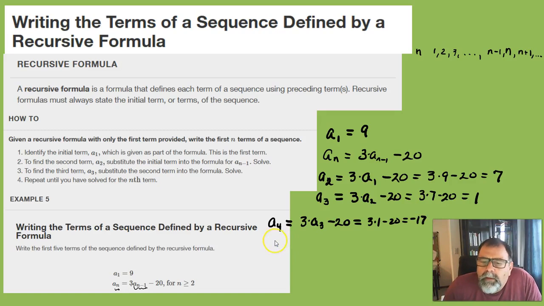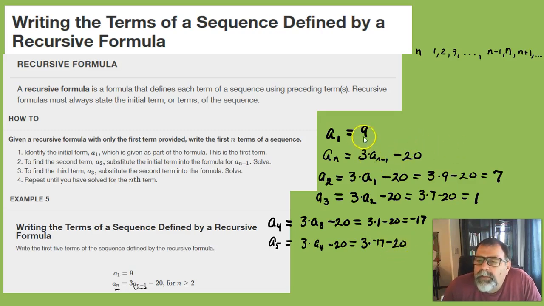Okay, and then a sub 5 would be 3 times a sub 4 minus 20. For some reason I feel like I did something wrong, but I'll check in a minute. 3 times negative 17 minus 20.